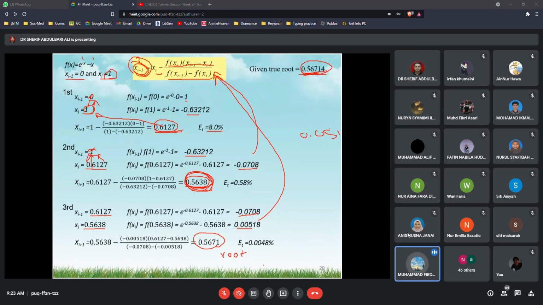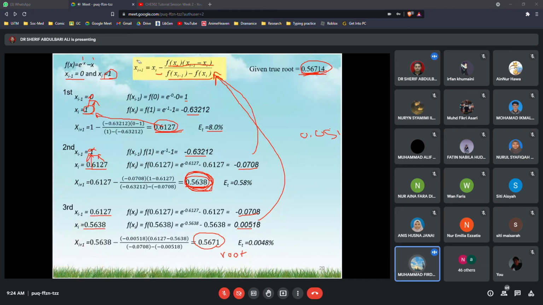So basically, the difference between the Newton-Raphson method and the secant method is this: for the Newton-Raphson method, the question will give x zero, the initial x, and you want to find the final x one, x i plus 1. For the secant method, the question will give two initial values to find the next value.